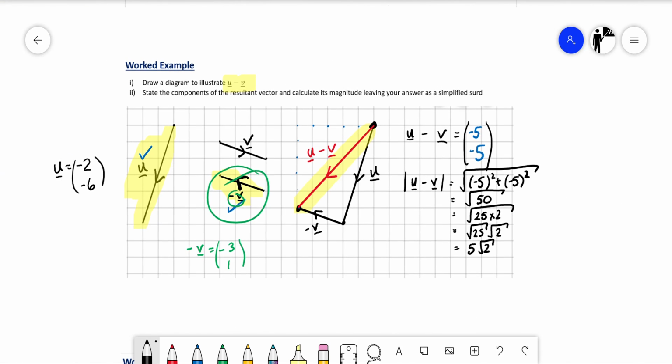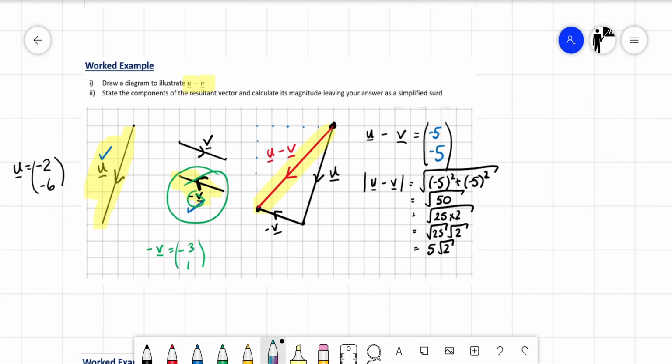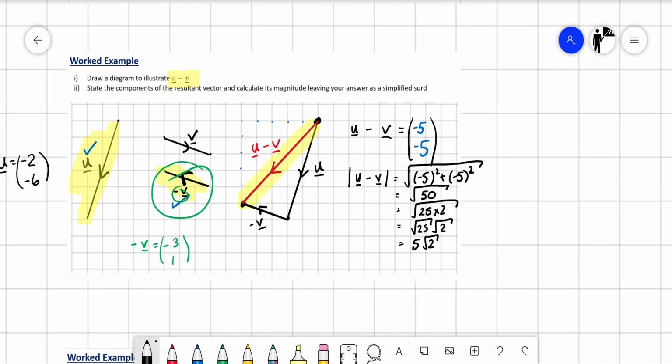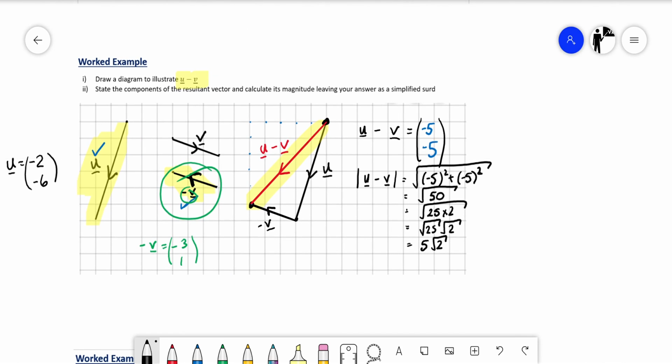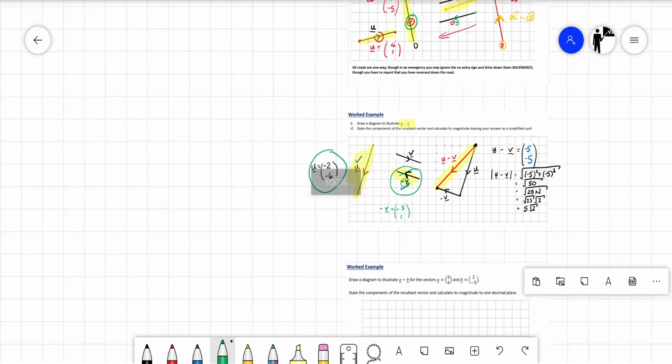Okay, so here we've just drawn a diagram of the vector u minus v. We've stated what its components are, and we have then worked out the length of that vector. Just to recap here, we could have just done this in component form, just to double check. So at the side here, we said that u is minus 2, minus 6.